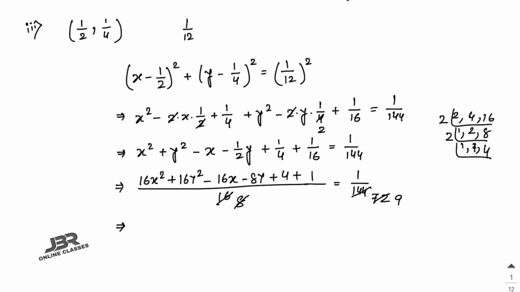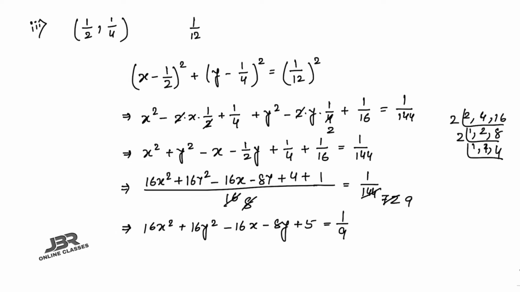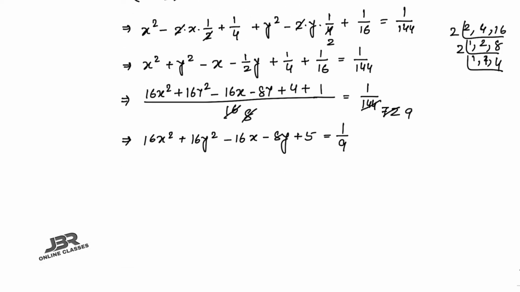Okay, so 16x square, 16y square minus 16x minus 8y plus 5 equal to 1/9. Okay, so now multiply 9 on both sides.